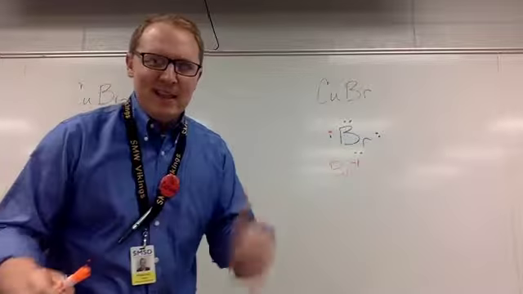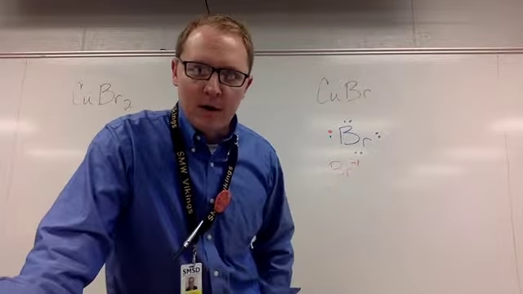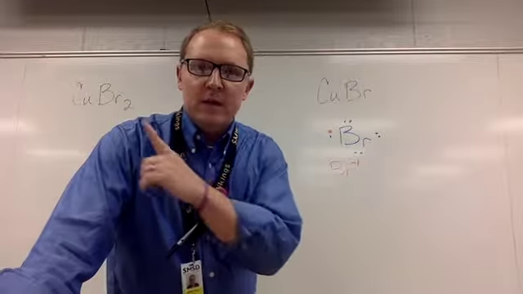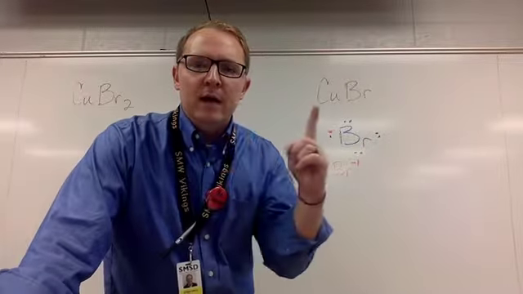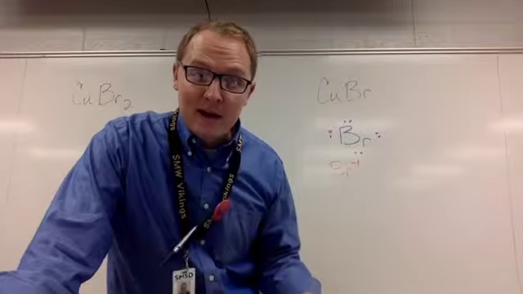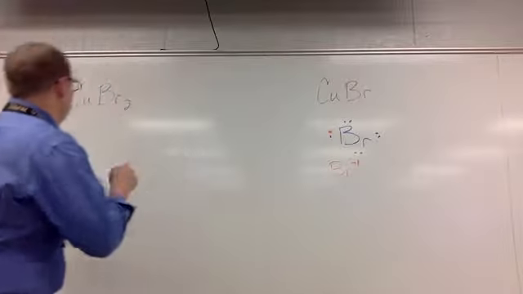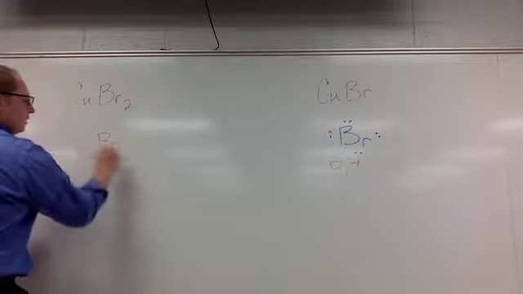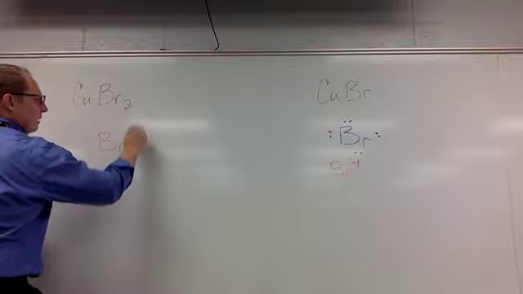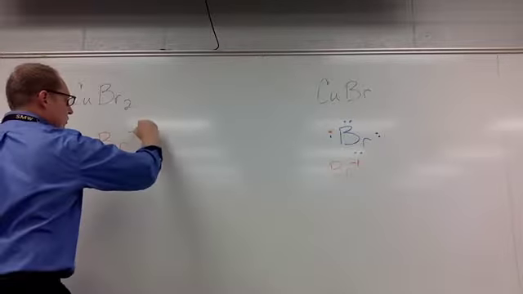That's not anything earth-shattering that you haven't seen before. In both cases, with CuBr2 and CuBr, that's exactly what's happening. The bromide over here is also a bromide with a -1 charge.